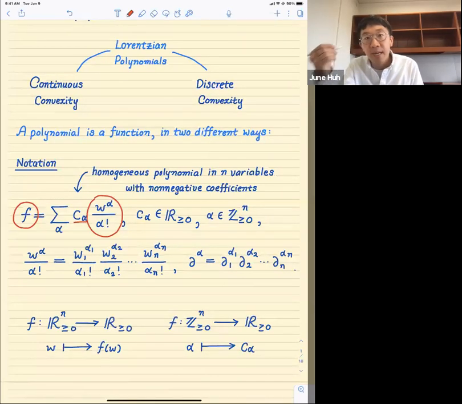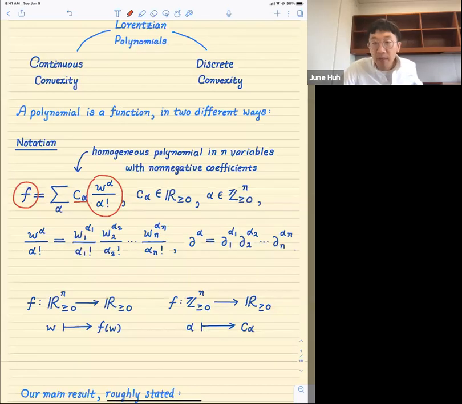So alpha is an element of the non-negative part of Z to the n. As usual, by w alpha over alpha factorial, I mean this exponential monomial divided by the alpha i factorials.